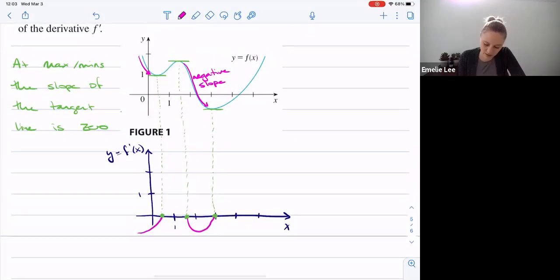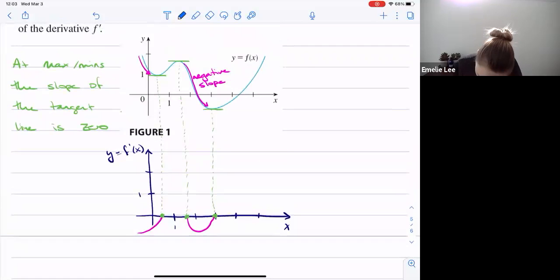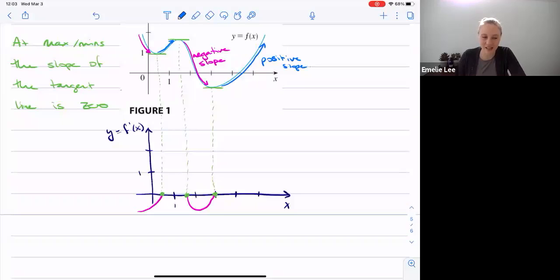So now if I do the same thing for these positive slopes, right? Here now I've got these positive slopes. So it's of course positive where it is a negative.